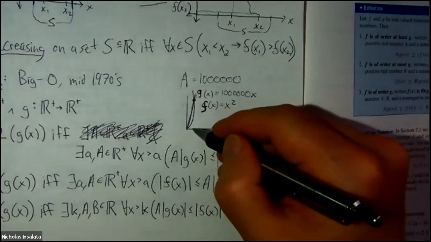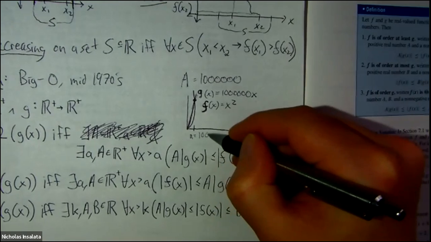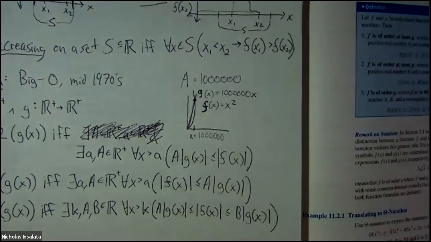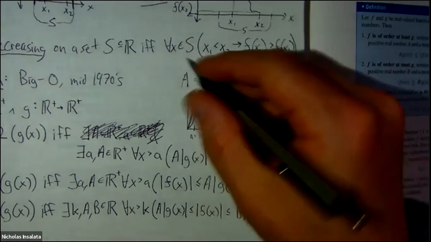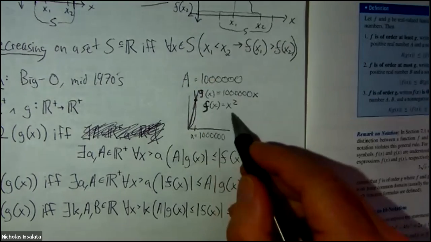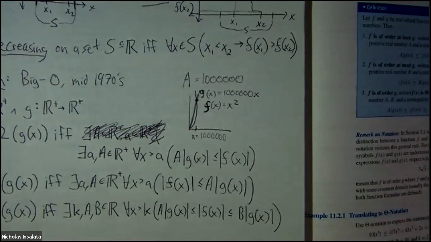Because what if A right here is 1,000,000? Well, at that point, g is not going to be on top of f anymore, right? F is actually going to get bigger and bigger than g, which is the opposite of what we're going for, right? So what really is happening here is a study of asymptotics, right?